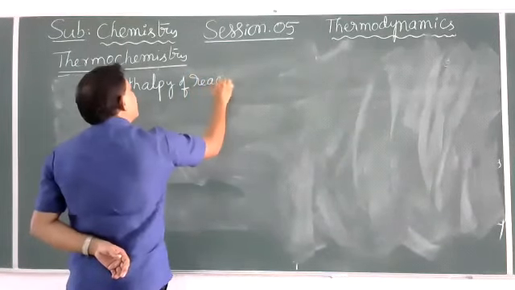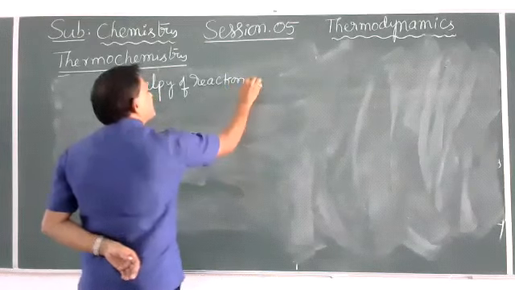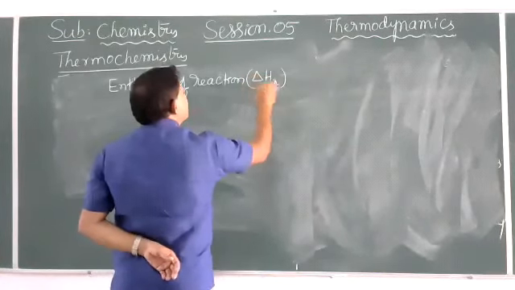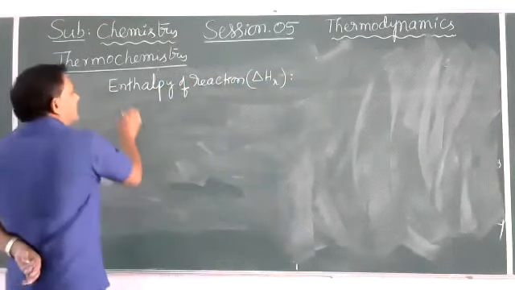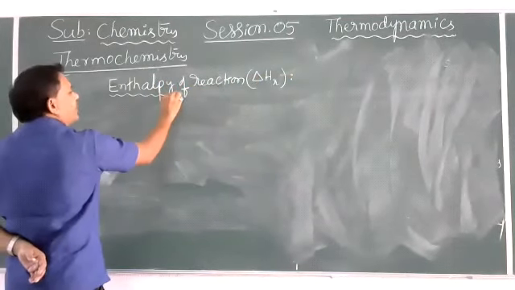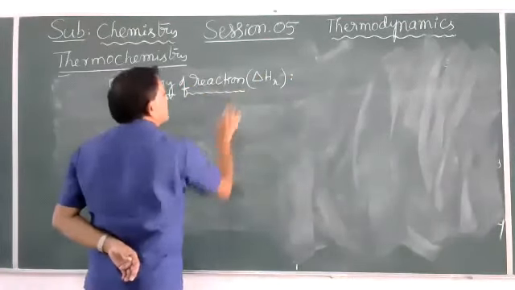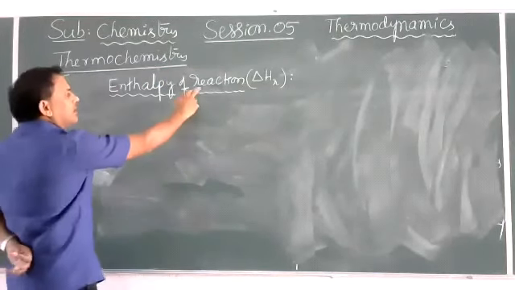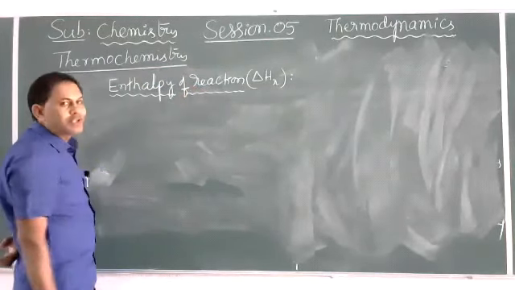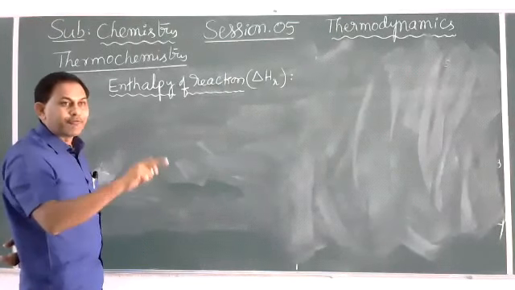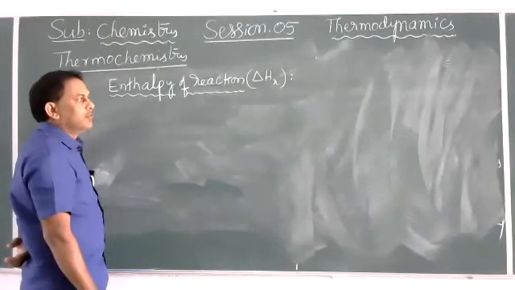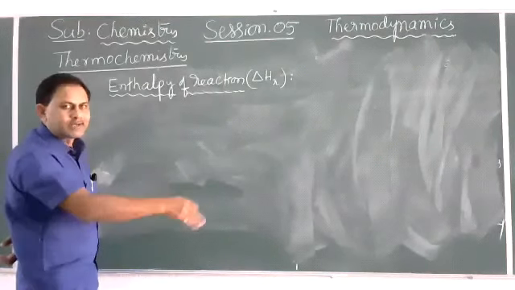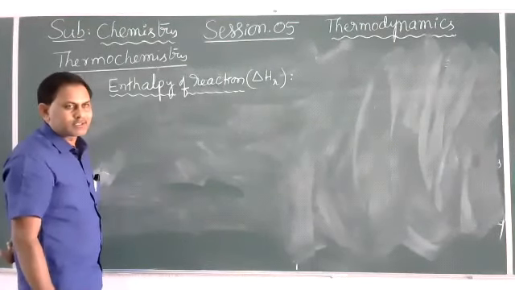The enthalpy of a reaction is denoted by the symbol delta H. Here enthalpy means change, and reaction means chemical reaction, chemical equation. So the enthalpy of reaction is the change in enthalpy that occurs when all the reactants present in a chemical reaction have been completely reacted and converted into products.